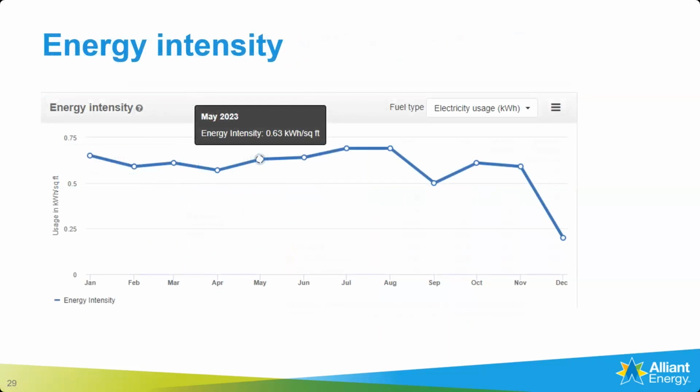It's worth doing a search as to what a good goal might be for your business. They're very specific, down to the industry type. So you can take this value, compare it against those stated benchmarks, and get a sense if you're above or below.